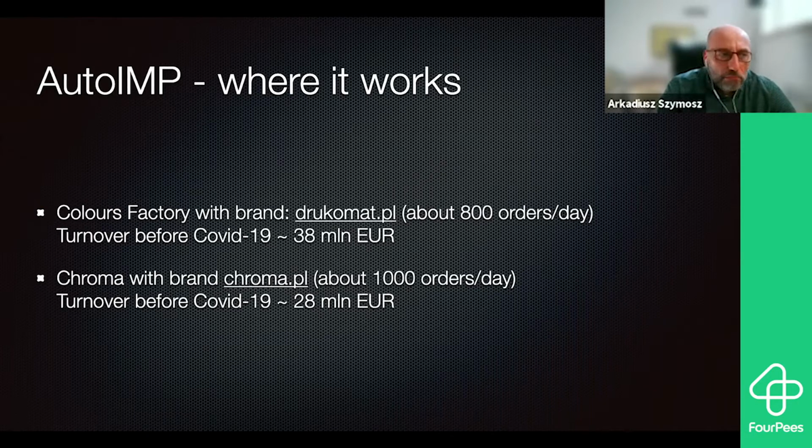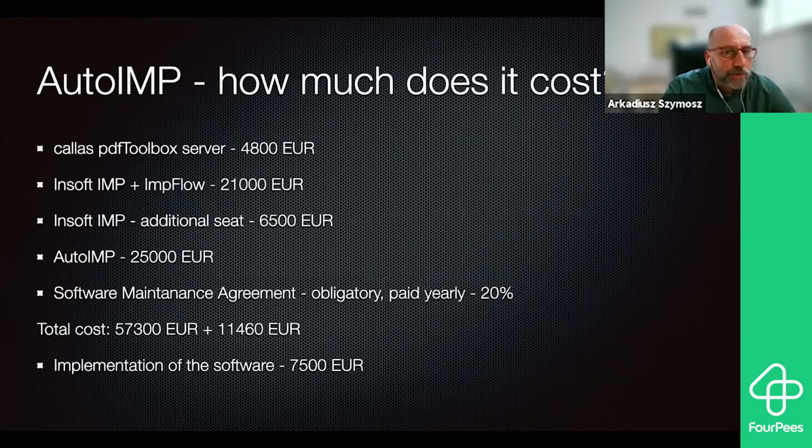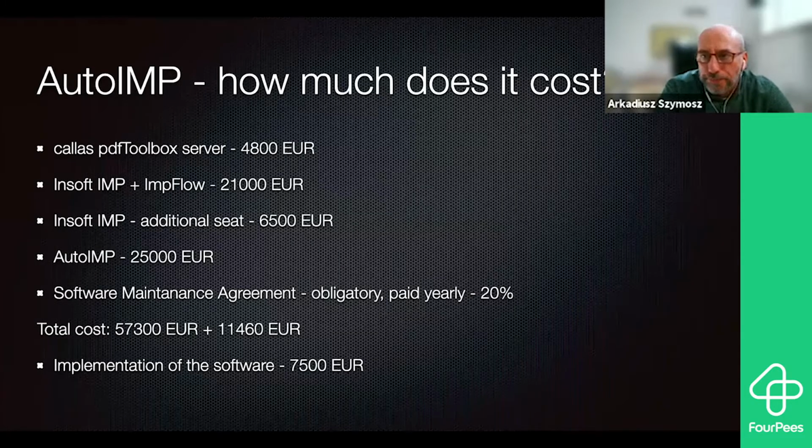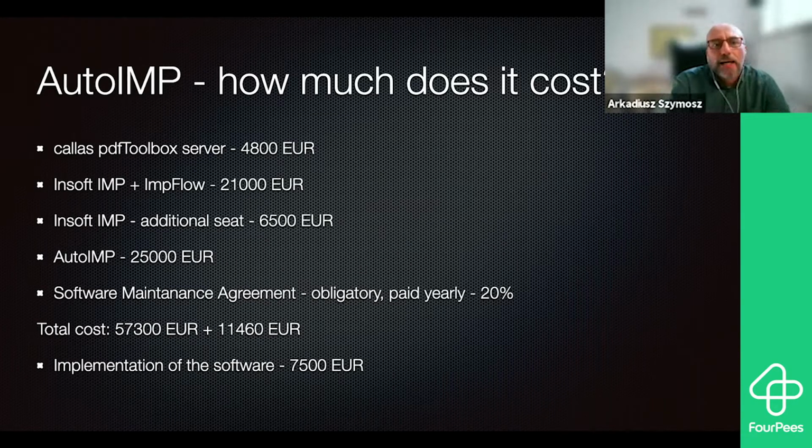I've also got here the cost of such a solution. It is the cost of the Callas PDF Toolbox server for 4,800. InSoft IMP plus IMPFlow is about 21,000 euro. It includes the modules which are necessary to run such jobs as you saw, with no die cut lines, and such production at that price.